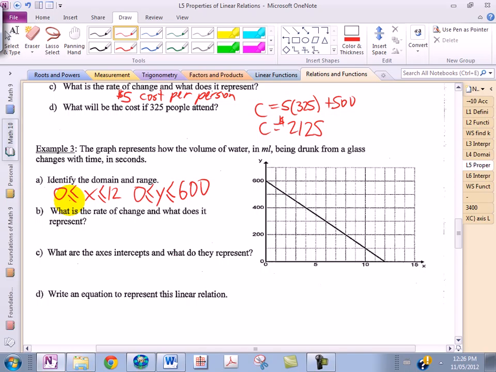Okay. Now B, what's the rate of change and what does it represent? So now, of course, let's make your triangle. So what does M represent?